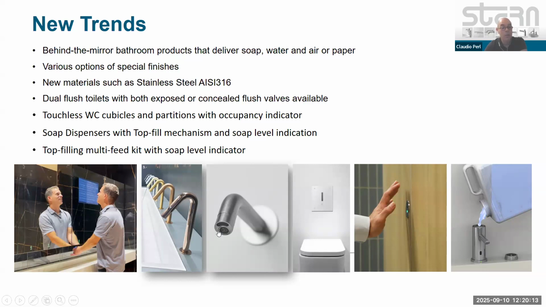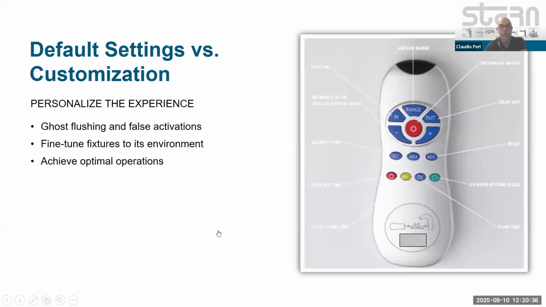Flush valves or toilet flush valves, including exposed and concealed installations, as we present the touchless WC cubicles, soap dispensers with a refill mechanism from the countertop or within the product itself, and the larger reservoirs for high traffic areas with 6 liter soap tanks.